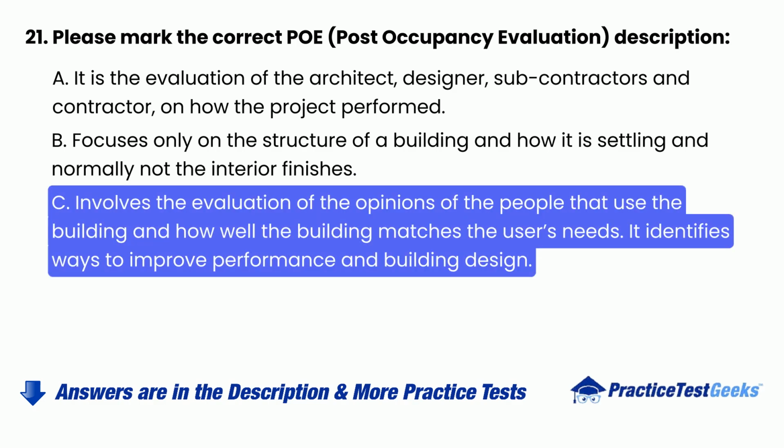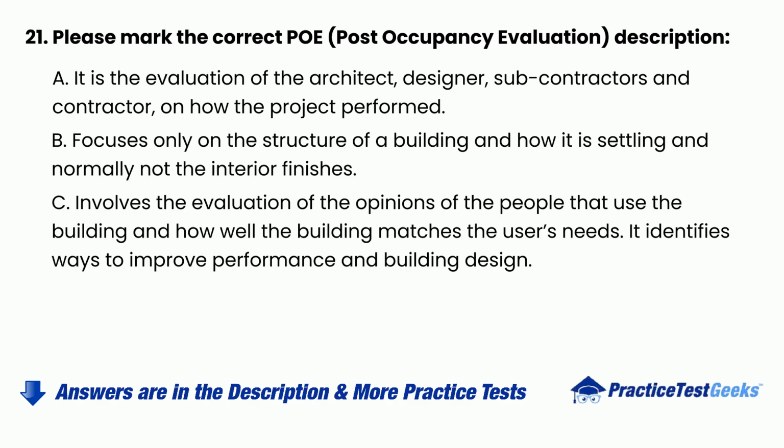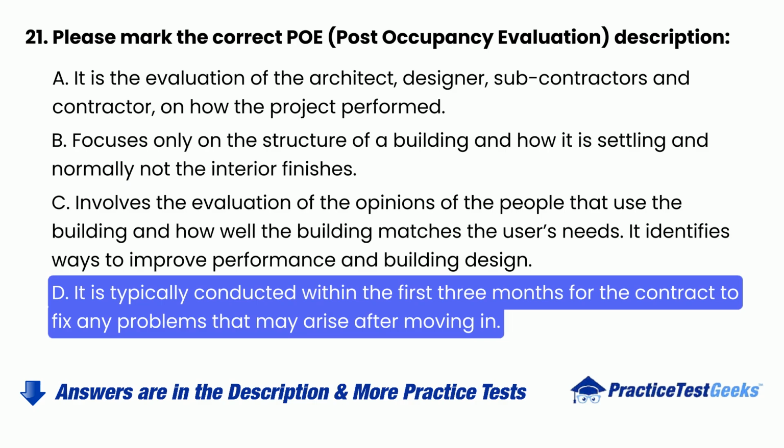C. Involves the evaluation of the opinions of the people that use the building and how well the building matches the user's needs. It identifies ways to improve performance and building design. D. It is typically conducted within the first 3 months for the contract to fix any problems that may arise after moving in.